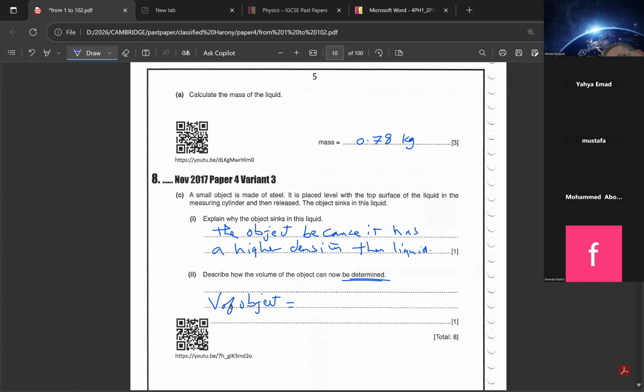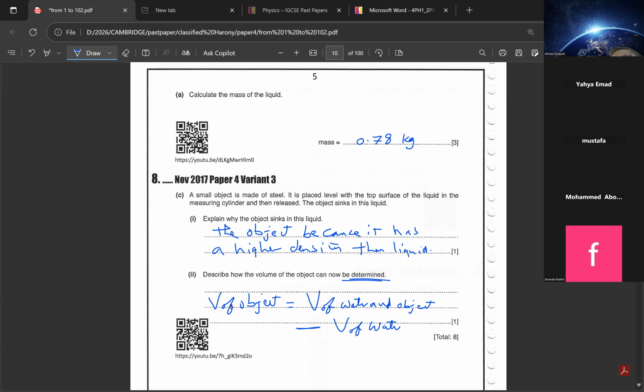So write volume of object equals volume of water and the steel, so V2 minus V1.